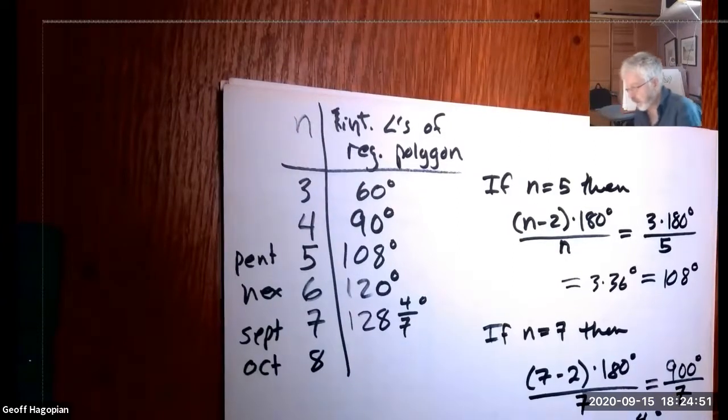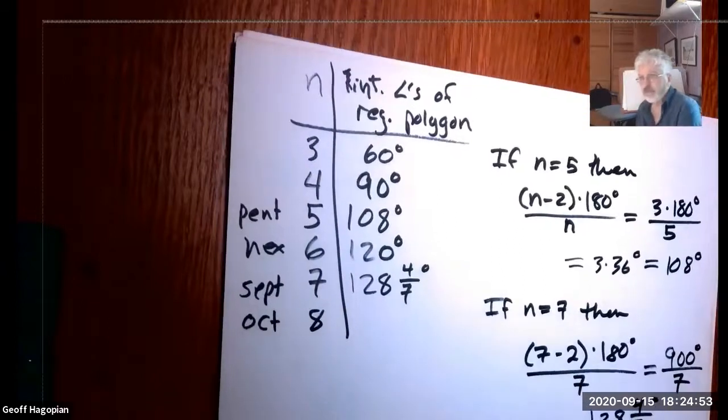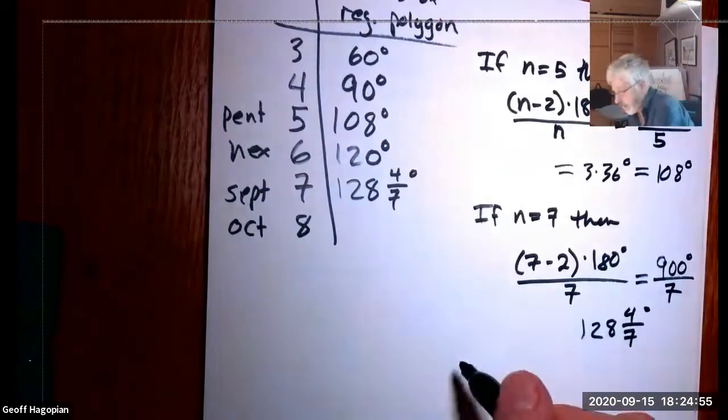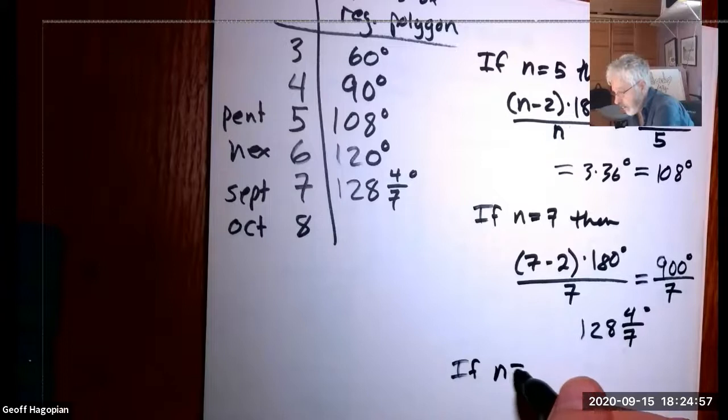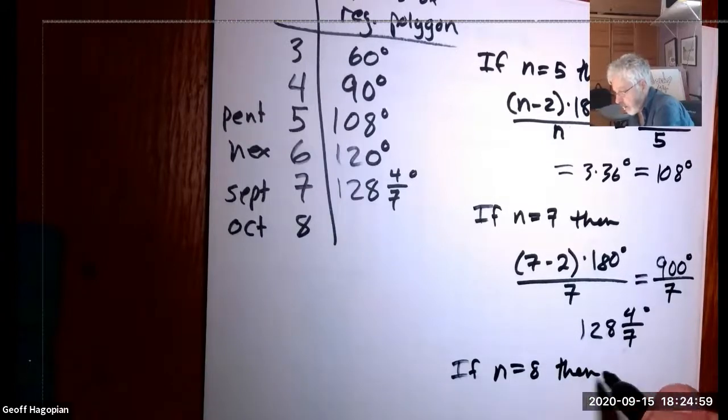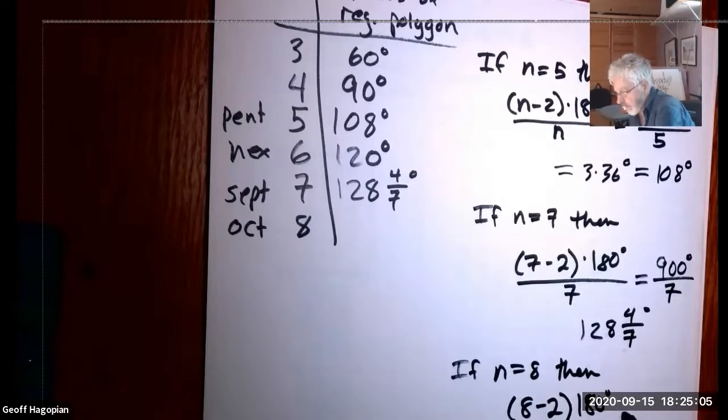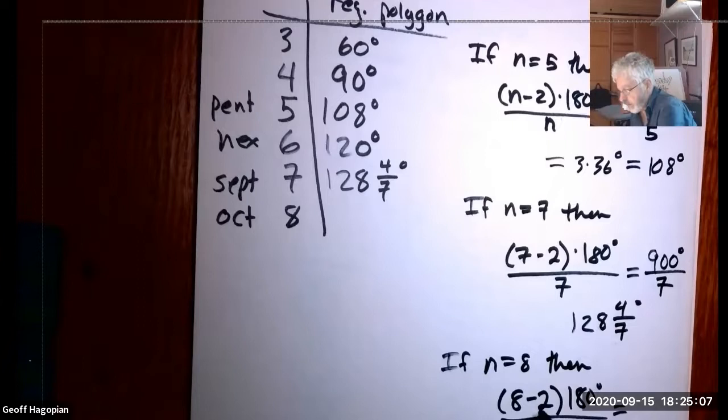Does that have a whole number of degrees? We can write, if n equals 8, then 8 minus 2 times 180 divided by 8 is what? Well, that's going to be 6 times 180.